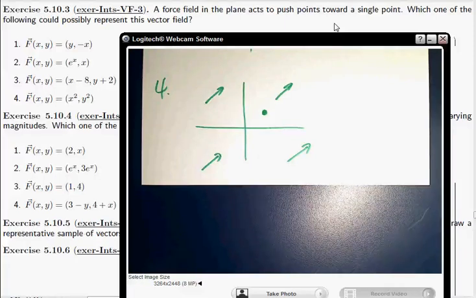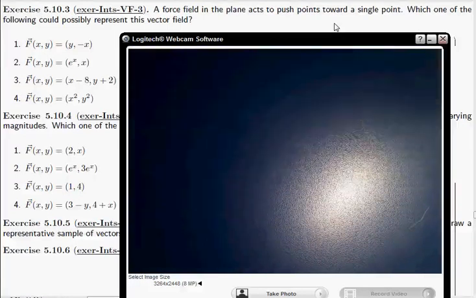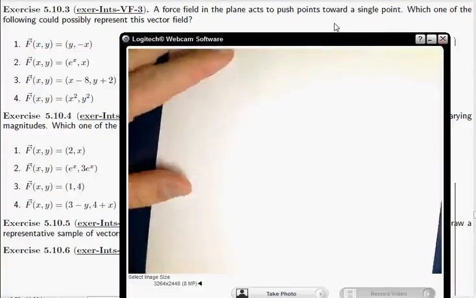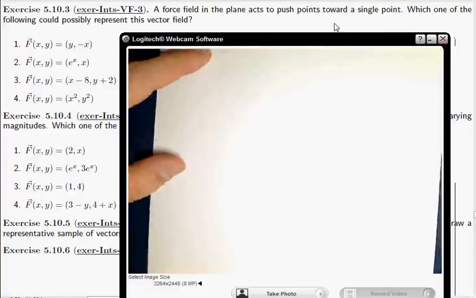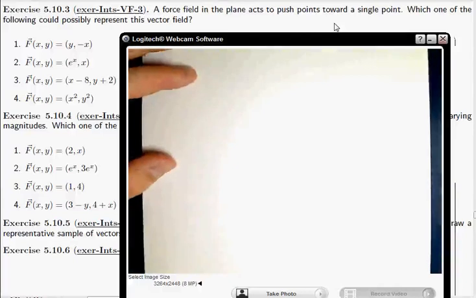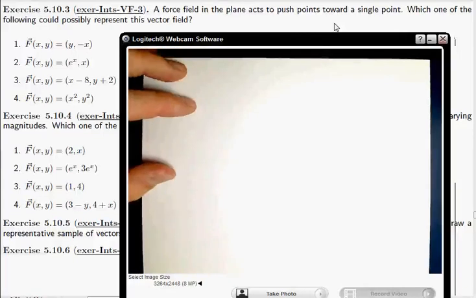Oh, yeah, and I see now I wrote this problem down backwards. So number 3 is the answer. Is it supposed to be away from the single point? Yeah, away from the single point, not toward. I'm sorry about that, guys.